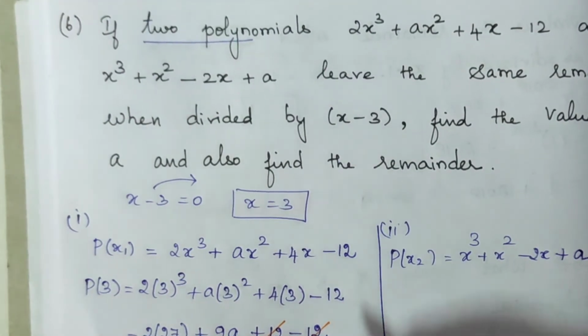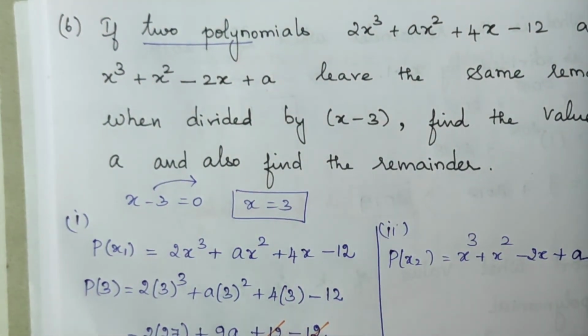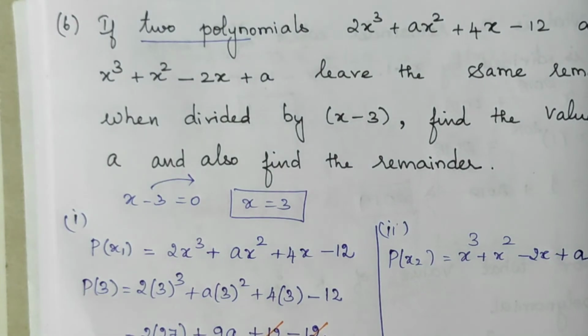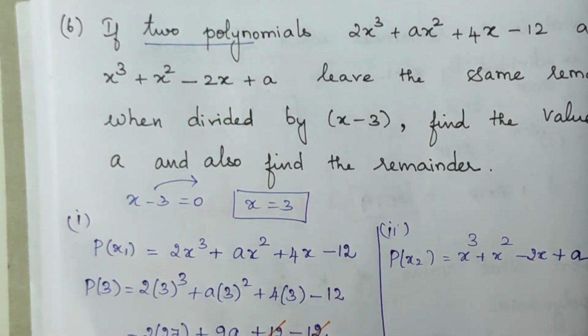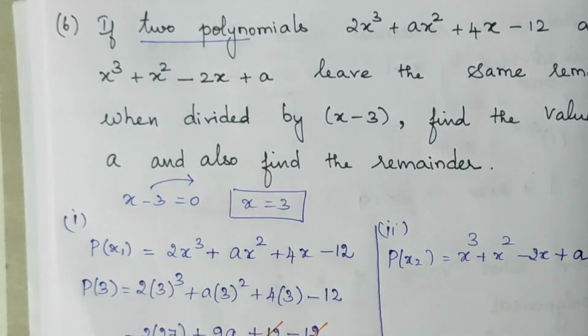Plus 12 and minus 12 will get cancelled. 2 into 27 is 54 plus 9a. You consider this as the remainder for the first polynomial. So I'm going to consider this as R1.